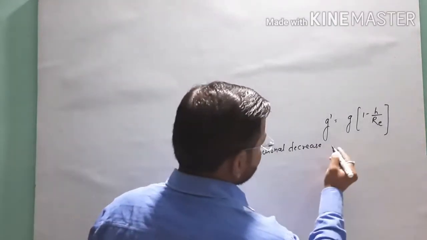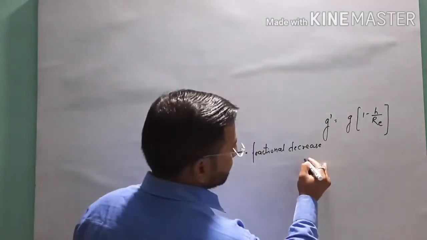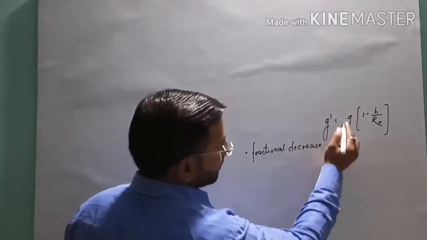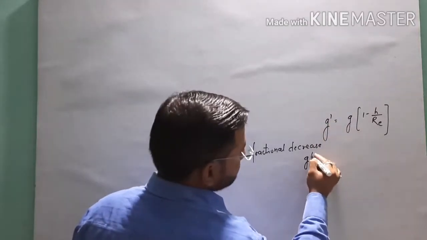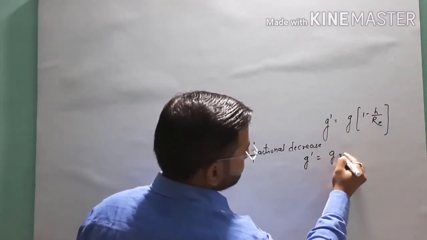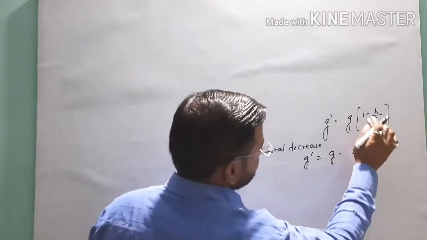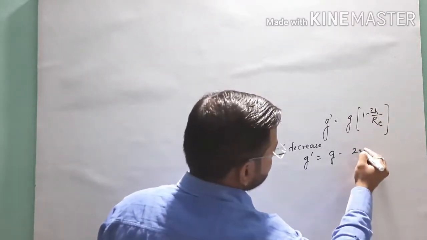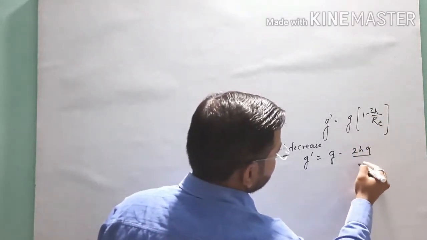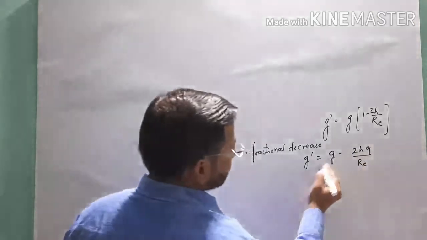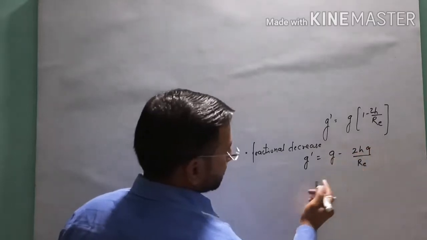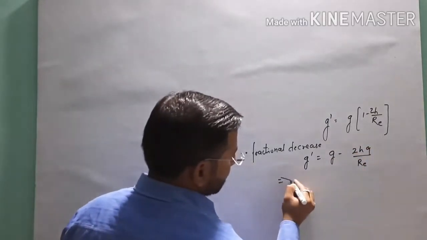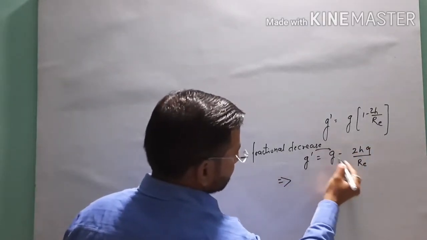If we talk about fractional decrease, you can see the value of g dash is equal to g minus 2hg by Re. Fractional decrease is initial minus final upon initial, you know that, so you can adjust it by sending here.